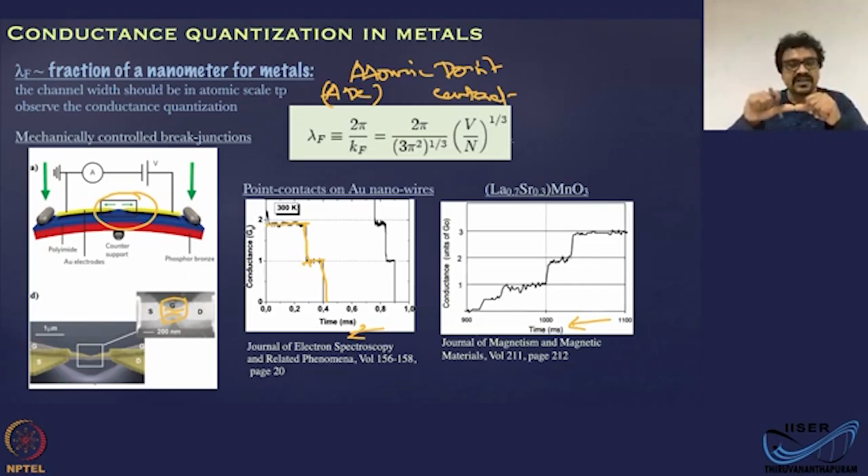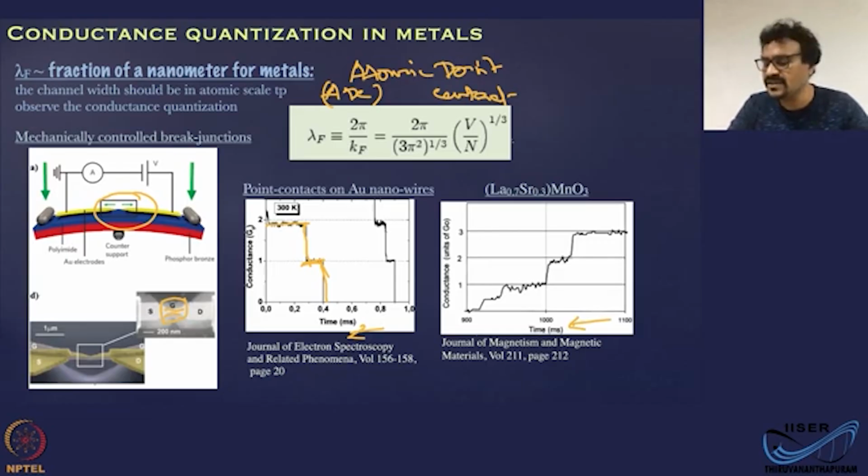An atom-atom connection is one channel. When you have two atoms connected, it's two channels, and so on. So the action of breaking or pulling this wire is breaking the connection between the two sides, atom by atom, and every one of those is going to give you a step in the transport. So that is the technology and physics of the atomic point contact, or in short, APC.